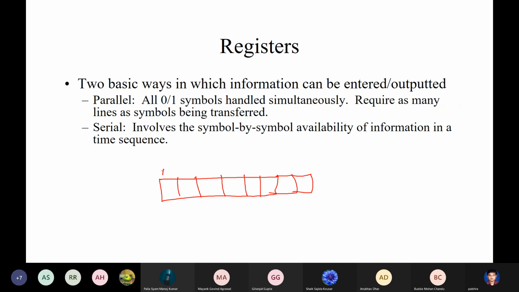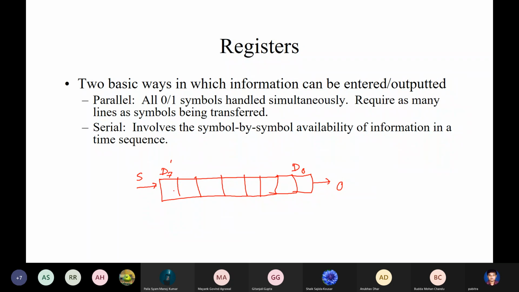So if we write this as say D7 to D0, this is the output. So now different modes are possible.